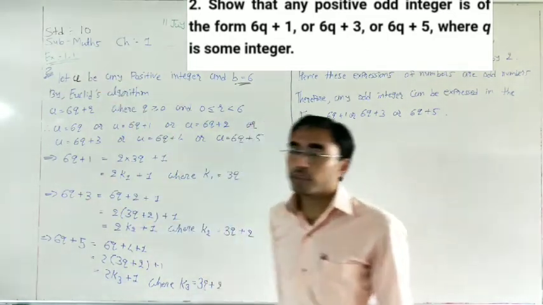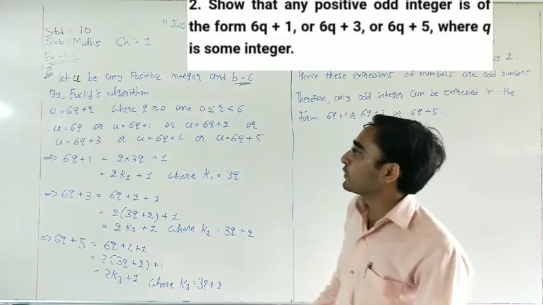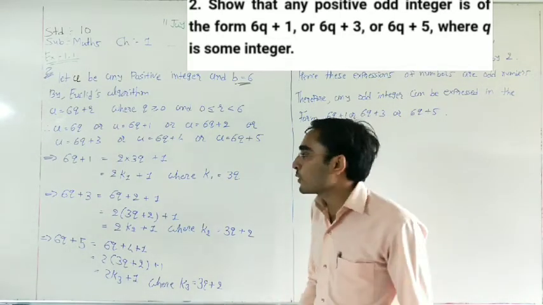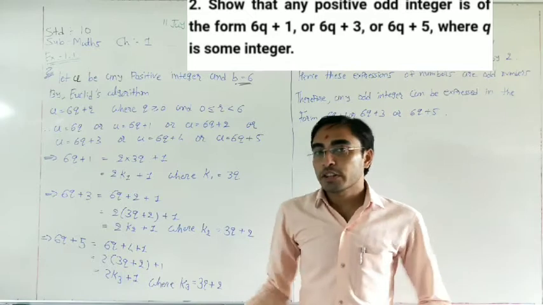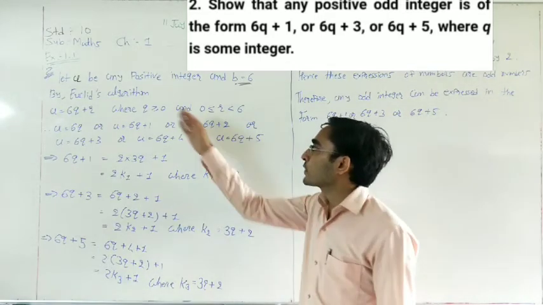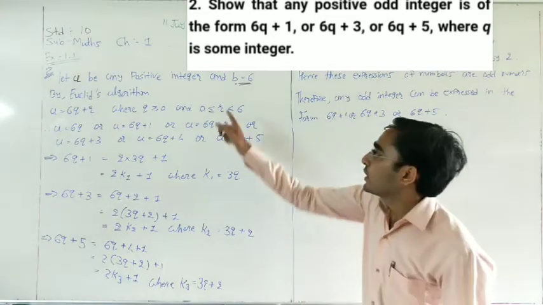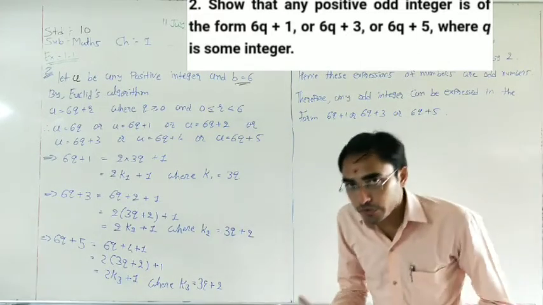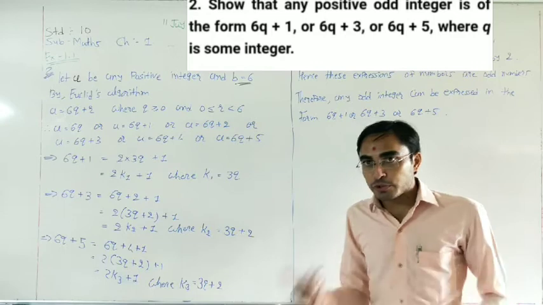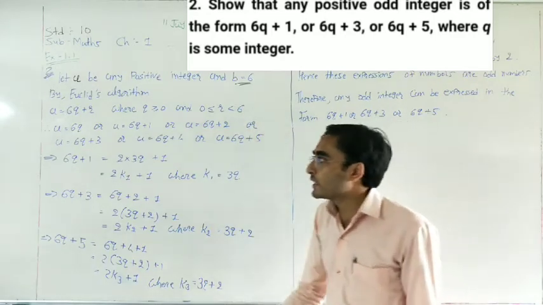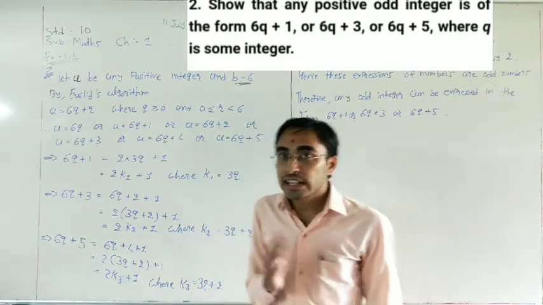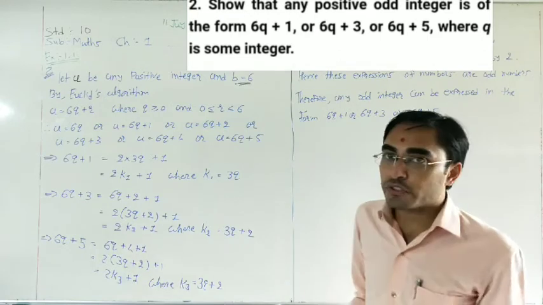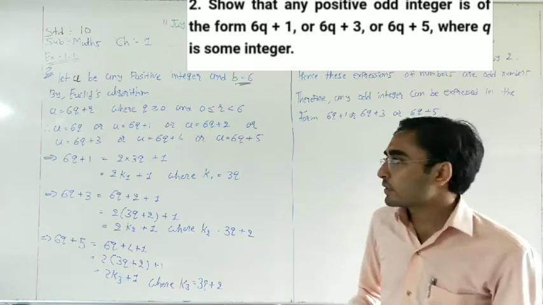But here a is our positive integer. By Euclid's division algorithm, this is the condition of q, that q is greater than or equal to 0. And for the remainder r, it is always greater than or equal to 0 and less than b. Okay, less than b. I already explained these things in the theory part.